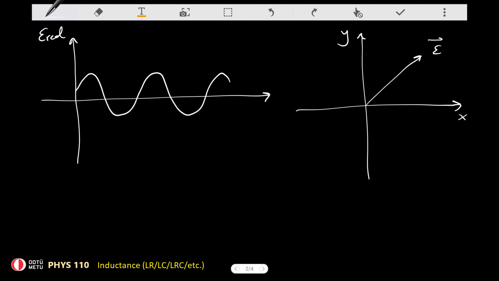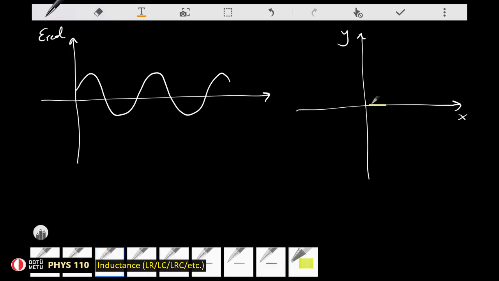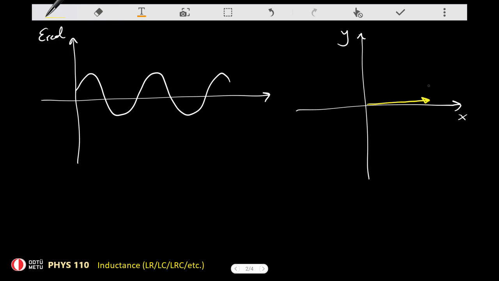So we have a vector that rotates with constant angular velocity around the origin. We can then associate certain times on the phasor diagram with certain times for the real circuit. First, I'm going to use a different color for the vector now. There is this special instance where the EMF becomes oriented parallel to the x-axis. Let's say this is at time t0.